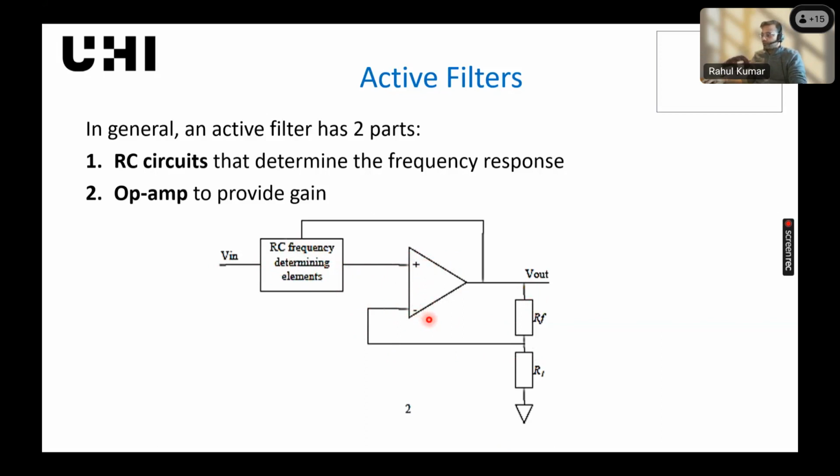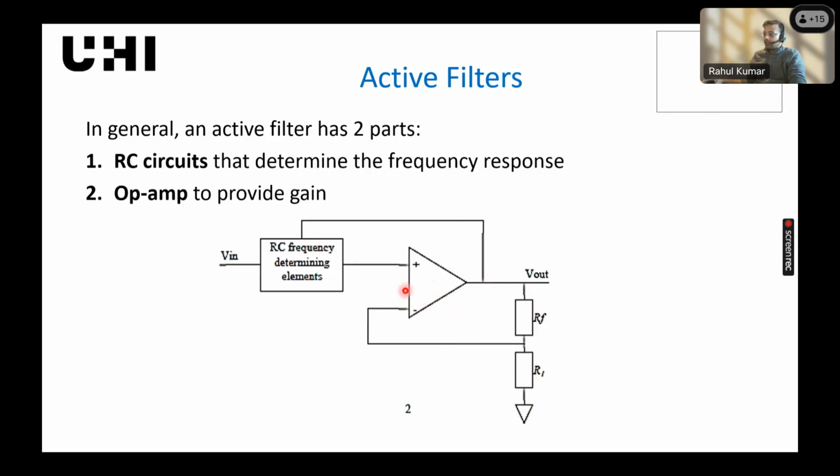So this is basically a non-inverting amplifier. This configuration, if you remember, is your non-inverting amplifier, and the formula for voltage gain is 1 plus RF divided by R1.